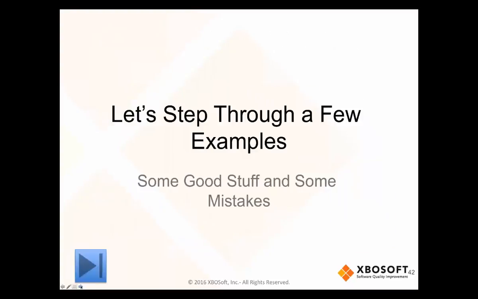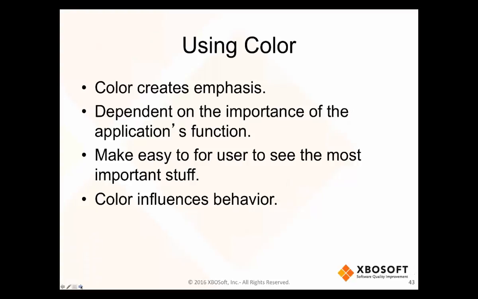So let's step through just a couple of simple examples in real apps so you can see some of what I'm talking about here. Color creates emphasis. I mentioned color with those paint cans, and color really influences behavior. So let's take a look at some things here.